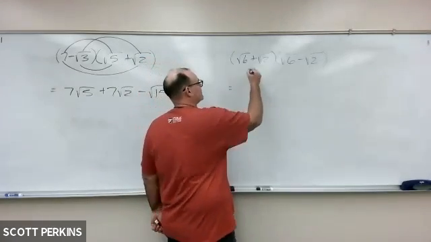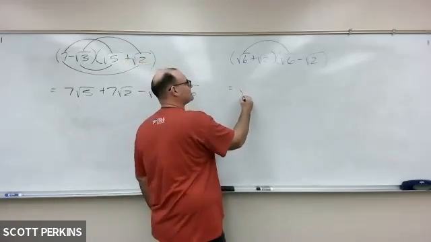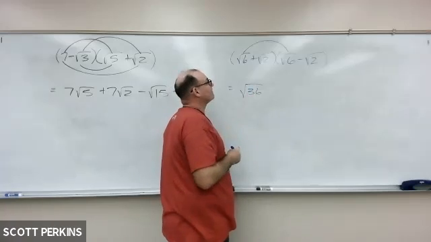So my first, square root of 6 times square root of 6, they're both under the radical. That becomes the square root of 36.